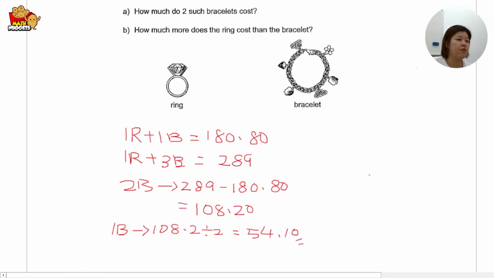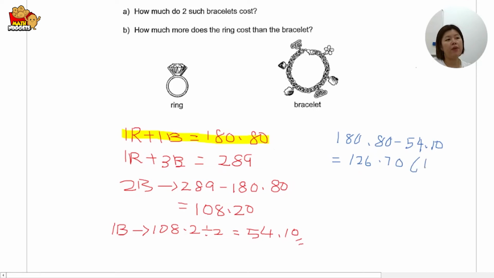I can find my ring now, so I can use this equation. So I can take 180.80 minus my bracelet, which will give me $126.70. And this is actually for my ring.